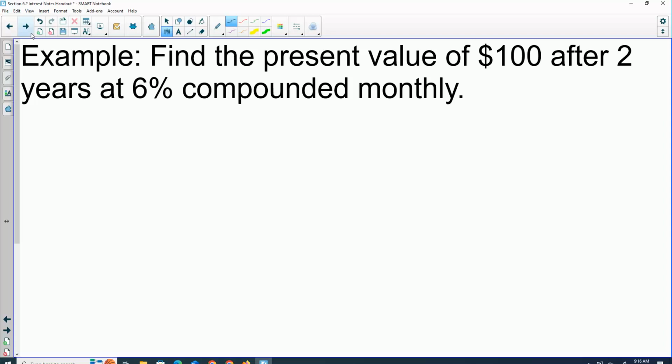Let's try this one. Find the present value. I'm looking for present value. What variable is that? P. Of $100. So what does that mean the 100 is?